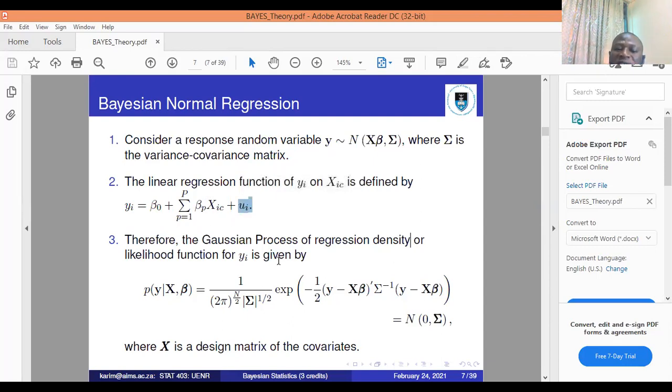So we can generalize. Now we know that the data, which is y, is normally distributed with mean x beta and variance sigma. Then how do we write the Gaussian or the normal distribution?